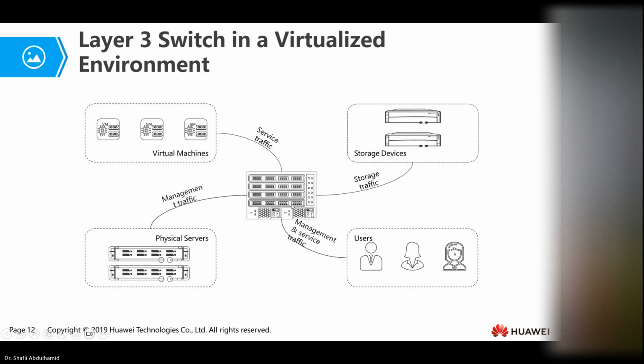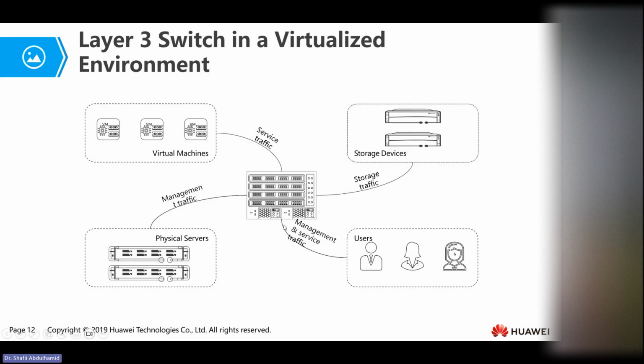The connection between a layer 3 switch and a physical server sends and receives what is called management traffic. So management traffic is traffic that moves between a layer 3 switch and a physical server.